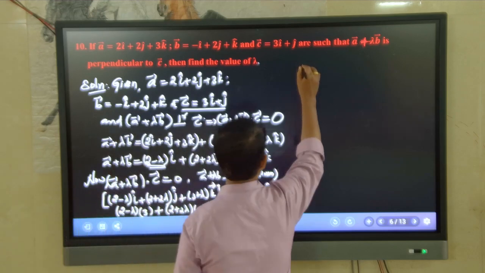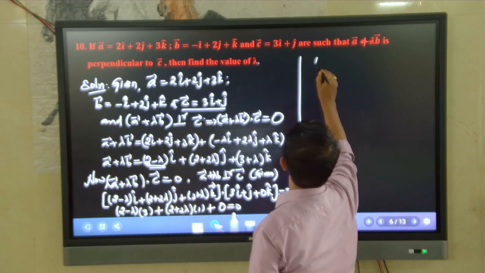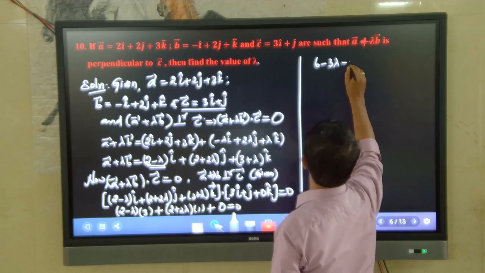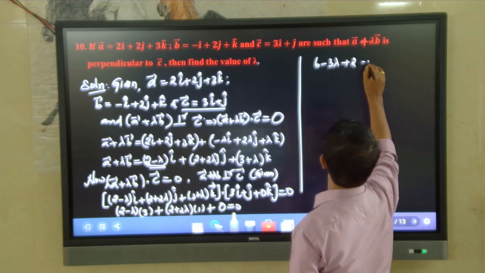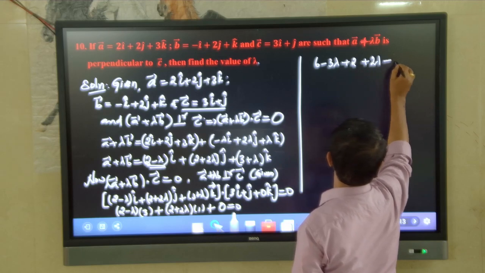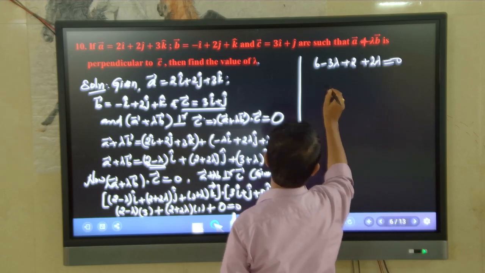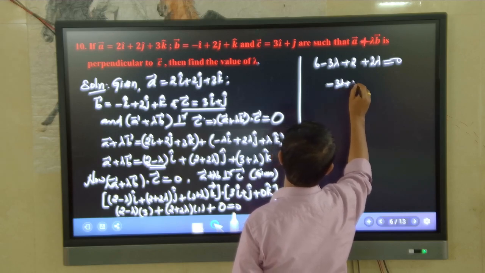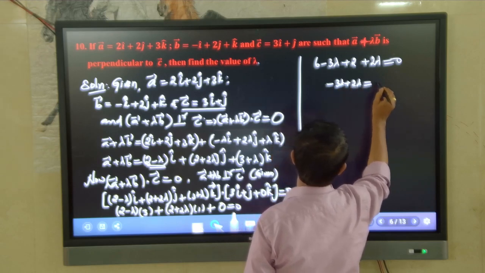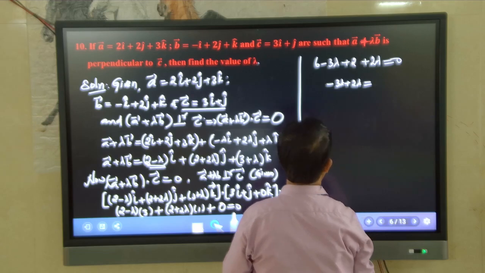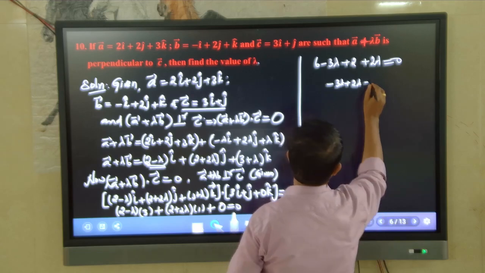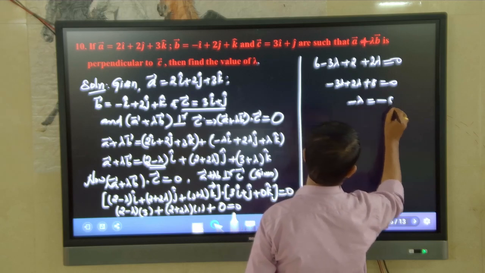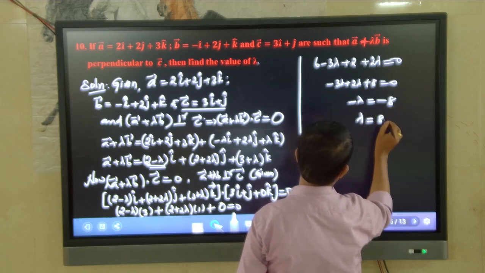Then here, 6 − 3λ plus 2 + 2λ equals 0. Now, −3λ + 2λ + 8 = 0. Next step: −λ + 8 = 0, so −λ = −8. λ = 8. That's it.